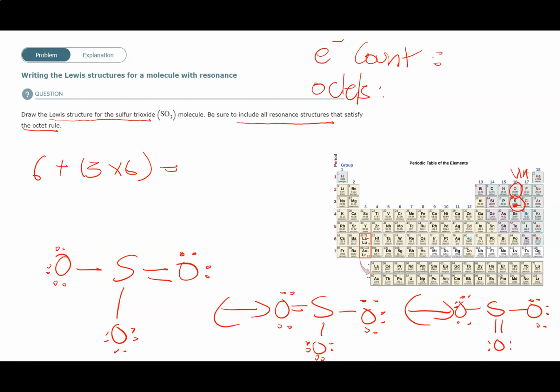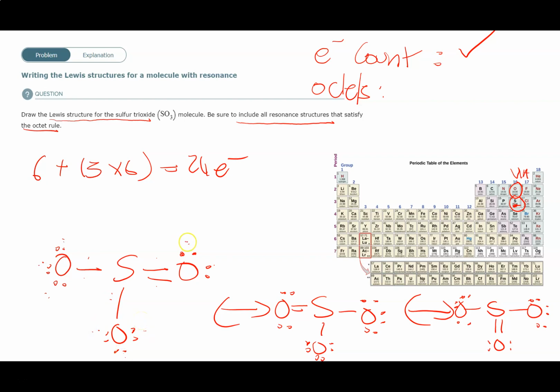So let's check for electron count. We've got 24 electrons in total in this guy. Let's see what we've got here. 2, 4, 6, 8, 10, 12, 14, 16, 18, 20, 22, 24. So electron count looks good. And then we need to check octets. 2, 4, 6, 8. That oxygen is good. 2, 4, 6, 8.